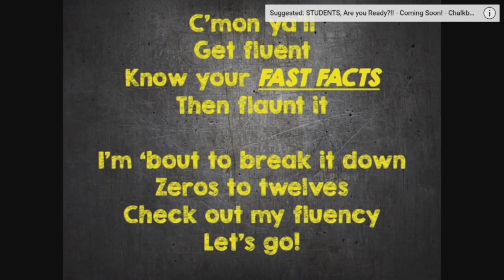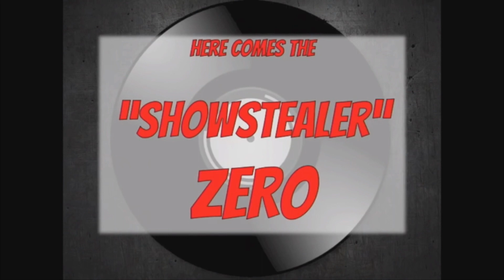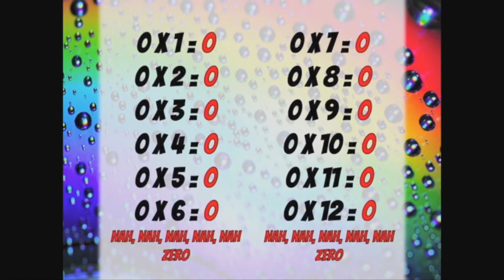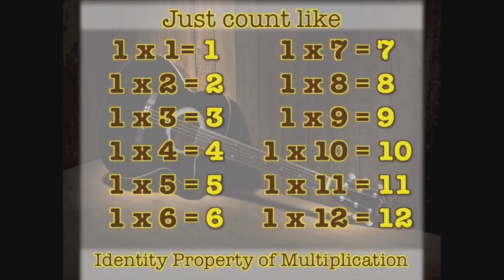Then flaunt it and bounce it around. 0 is a factor, it takes control, it steals the show, the property of 0. In fact, they're so easy.